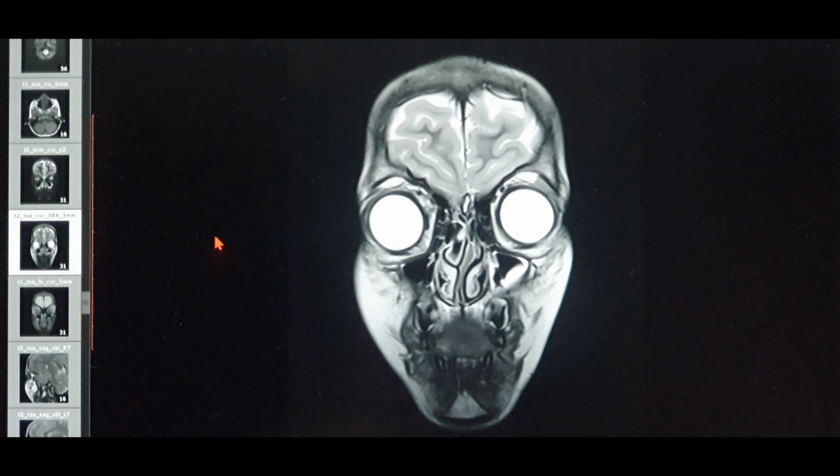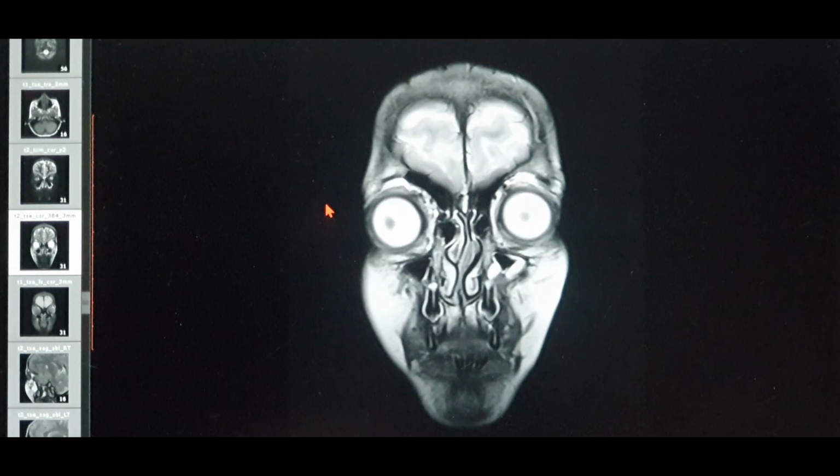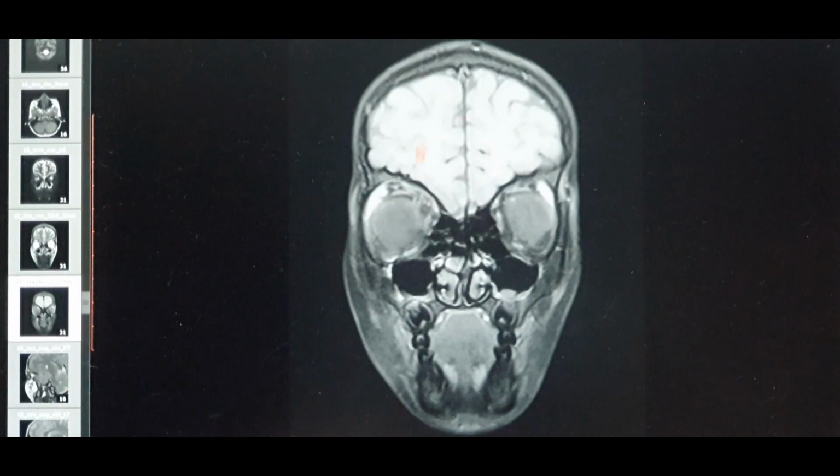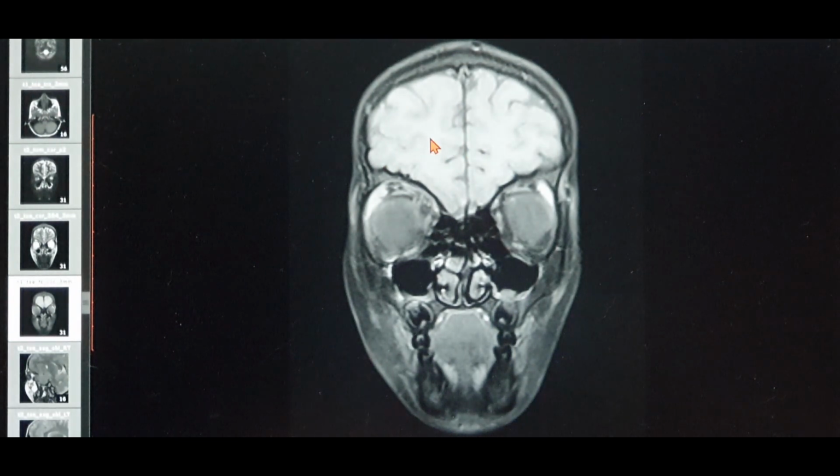If I consider the white matter in the T1 scan, let me give you a view of the T1 scan over here. So this is the brain in a T1 scan. The white matter in the T1 scan appears light. As you can see over here, this is the parenchyma of the brain. The white matter is kind of light, it is not dark.